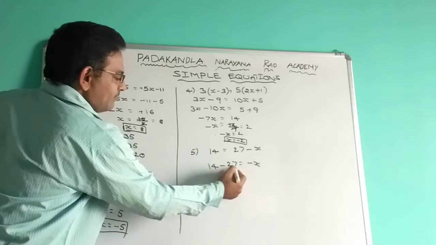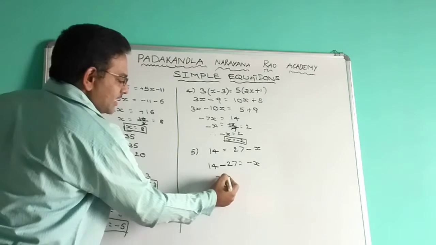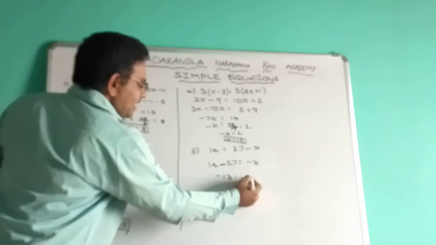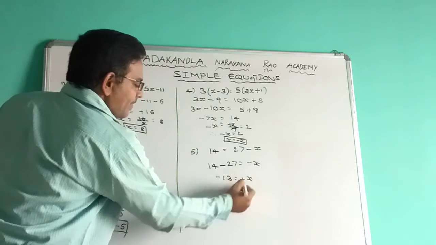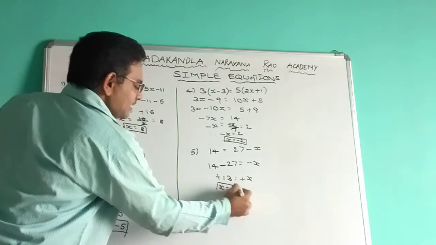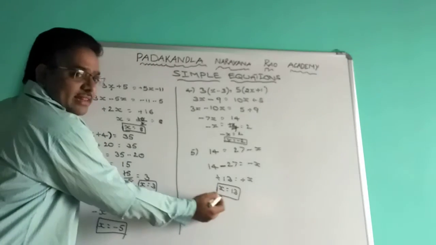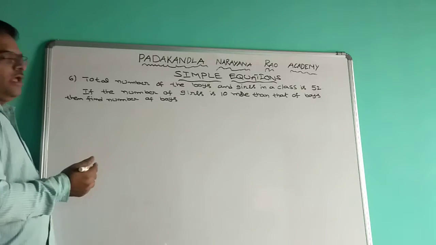But 27 is the bigger number and its sign is minus, so you write -13 equal to -x. Minus minus cancel, x value equals 13. x value will be 13.